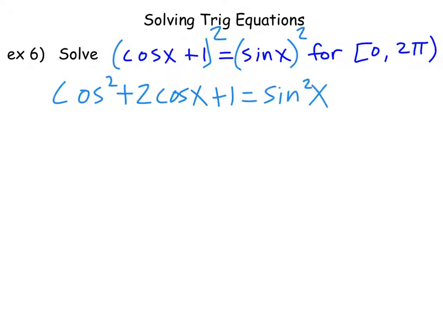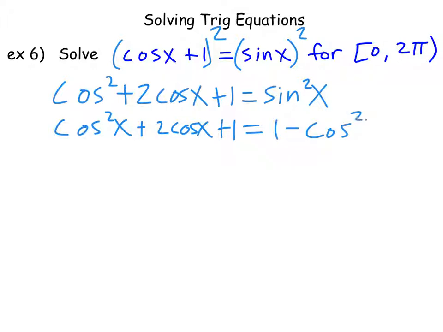Now I do, okay? I've got sine squared over on the right side. I could use a Pythagorean identity, and there you go. Look at that. We're all in terms of cosine, okay?